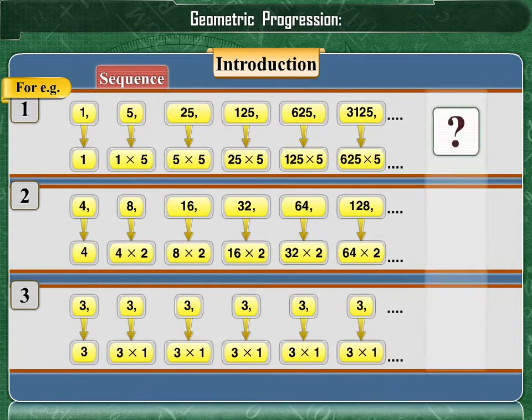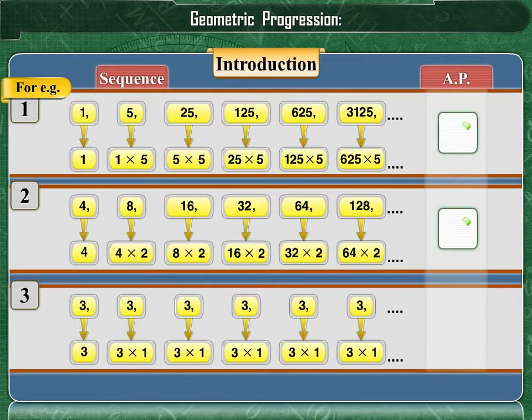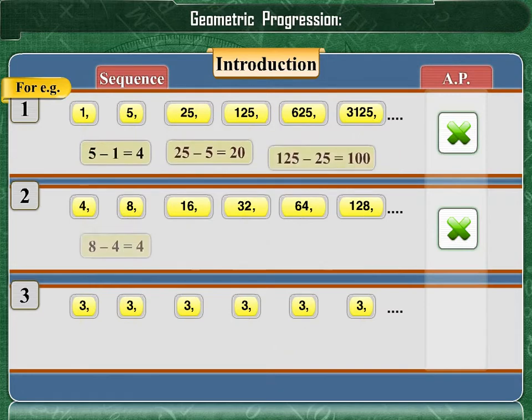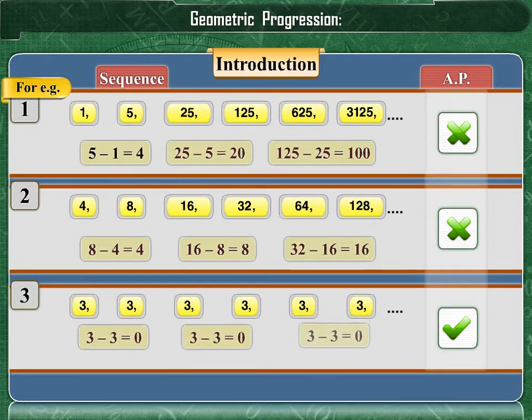Are these examples of sequences an AP? The sequences given in example 1 and 2 are not an AP, since the difference between two consecutive terms is not a constant. But the sequence given in example 3 is an AP, since the common difference is 0.